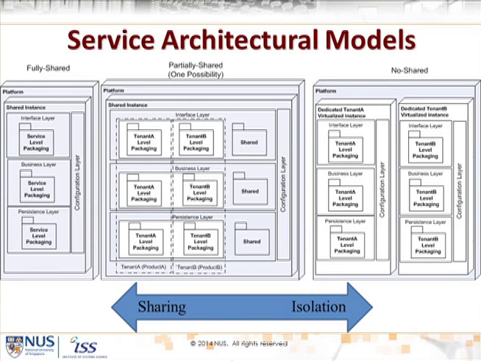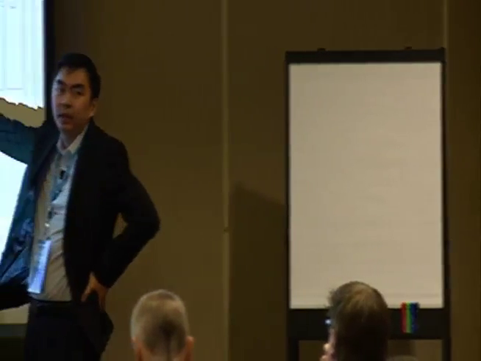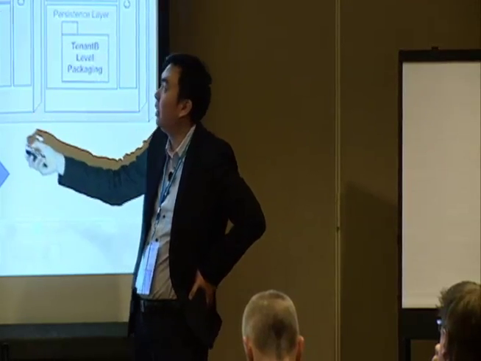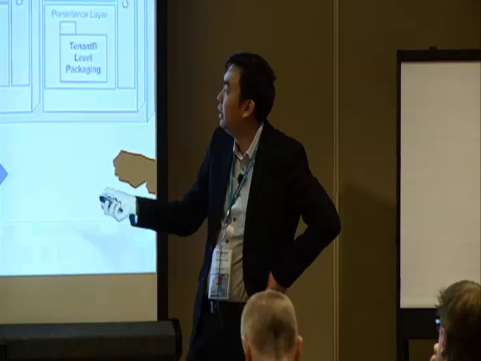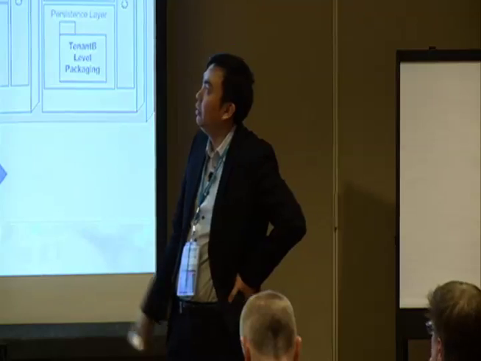And in the middle, it could be partially shared, where some of the components are specific to the tenants and some of the components are shared across. I'm trying to depict a typical three-layer architecture, but it doesn't stop you from describing this with many other layers. I could add an integration layer at the side, or some other layers in these three models.